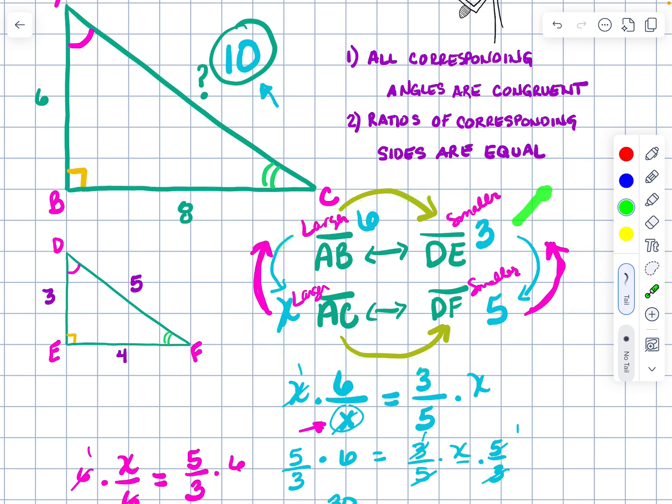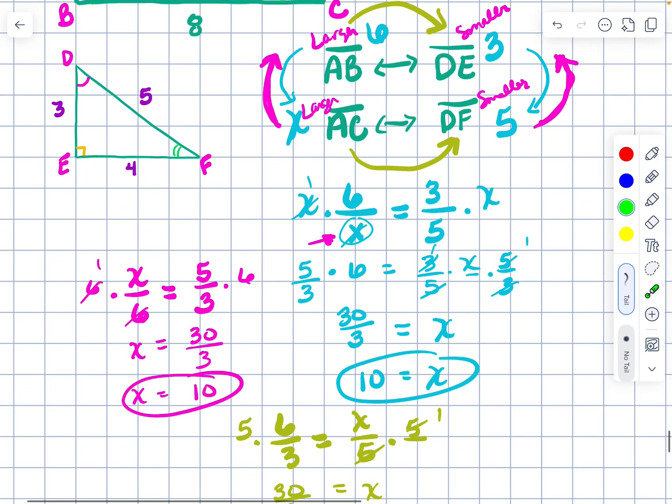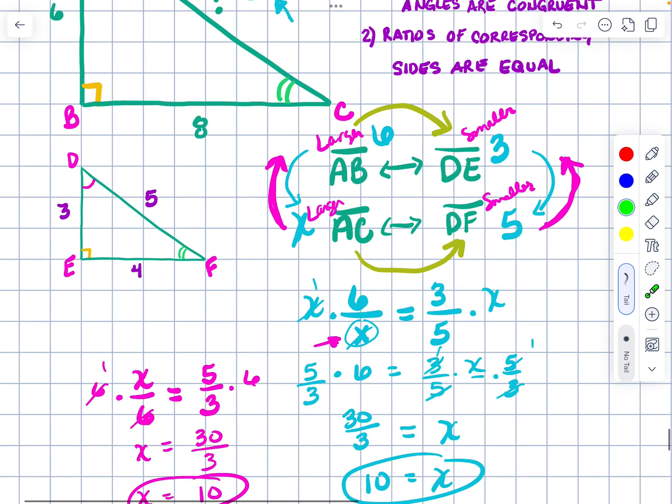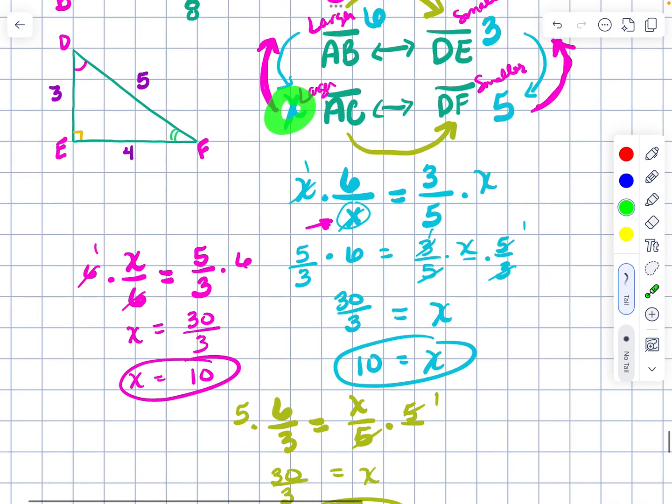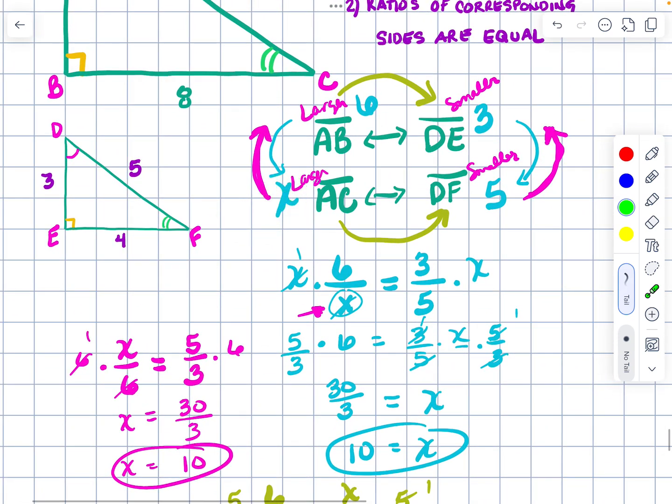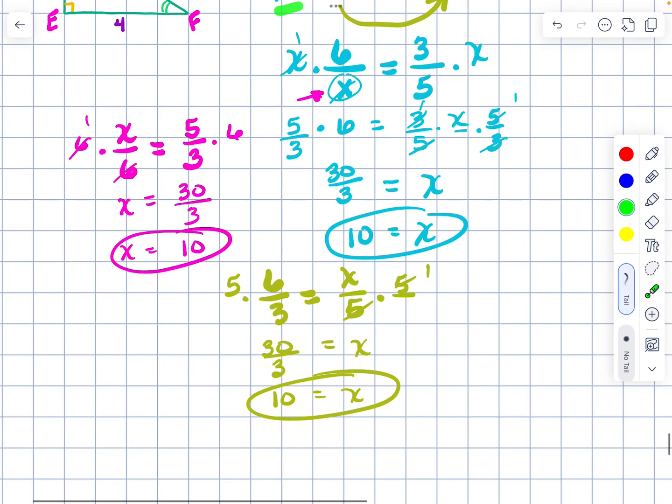So I encourage you to do this first whenever you're setting up proportions, and then label each of the values. And then that makes it really easy to set up each of these proportions, okay? And just know, if you want your x in the numerator, that you'll need to set it up where you're doing that first, like we did in these two.